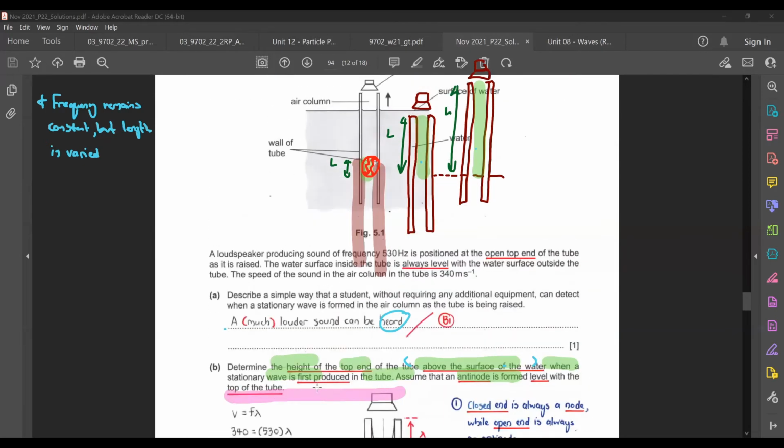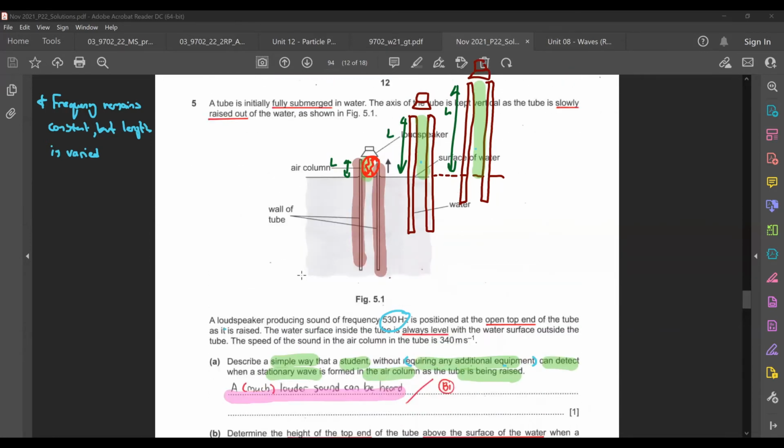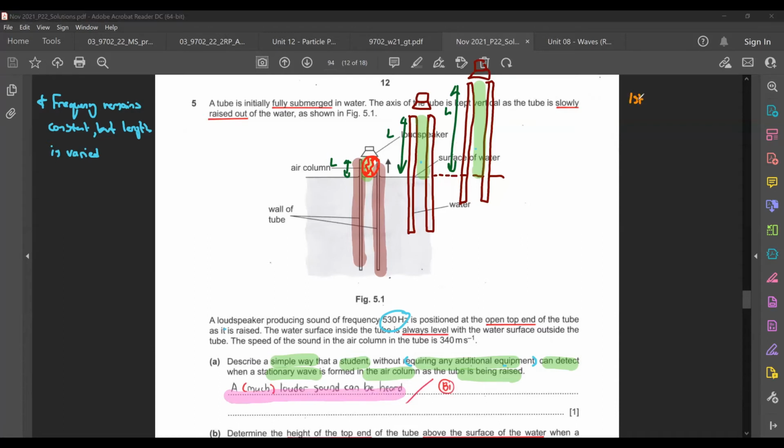Okay, right. So from here, they will give you some questions. Now, before we go to that, let me just draw for you the pattern of stationary waves that will be formed. Let's just say that I'm talking about the formation of my first stationary wave, second stationary wave, and even my third stationary wave.